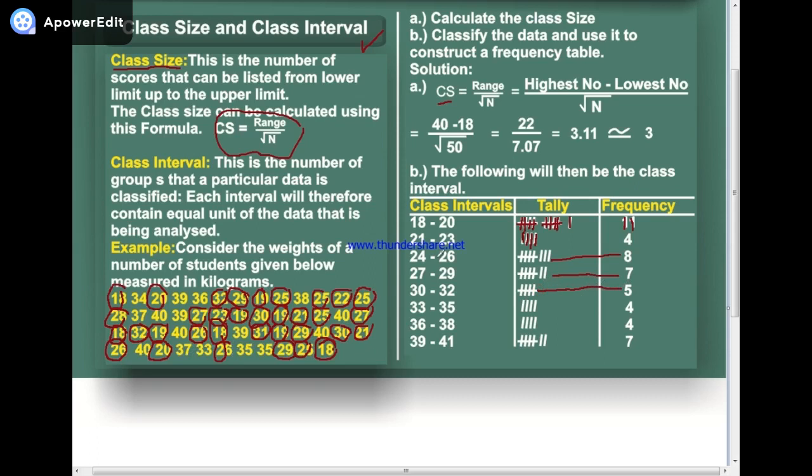And next one is 33 to 35. Let's look at that one. So 34 falls within the range. 1. You have to be very careful.